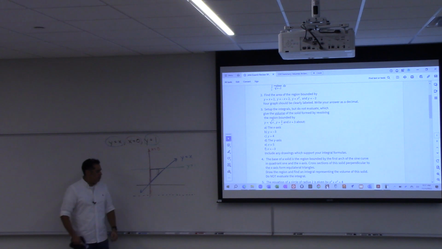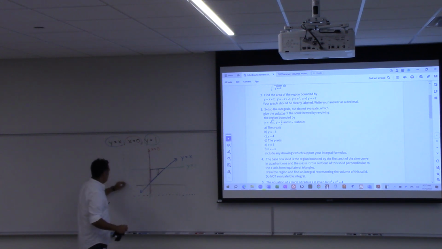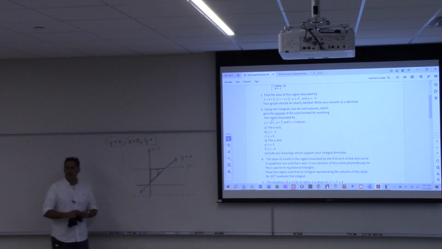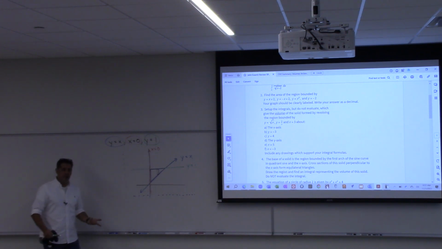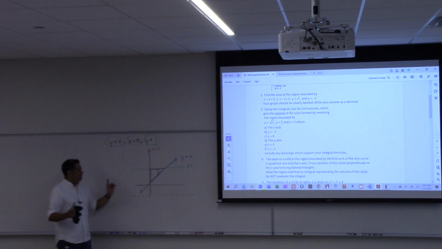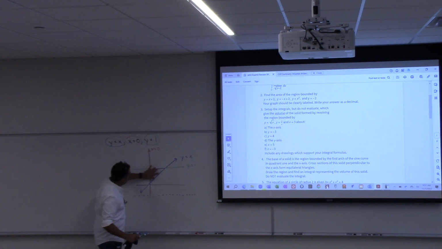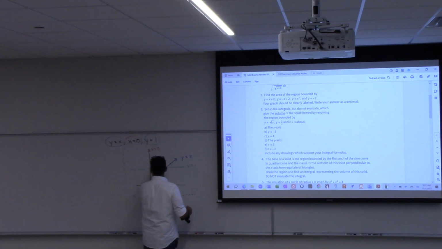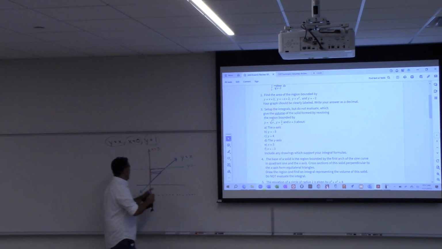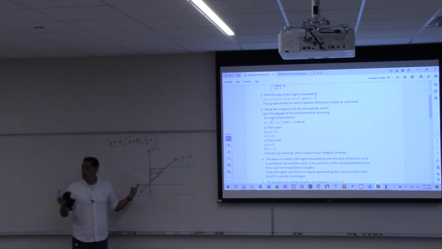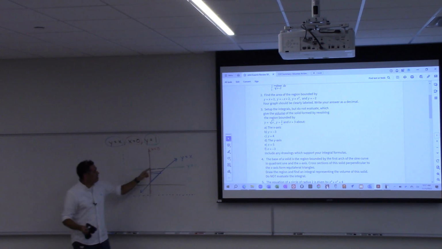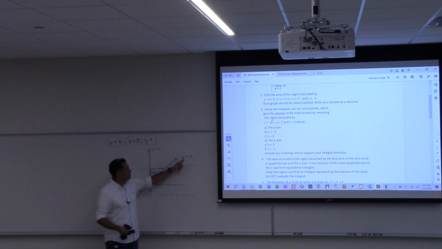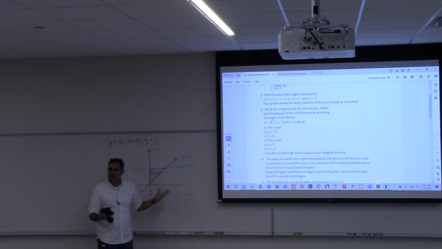Yes? Now, what if I ask you to wrap it around a line that's vertical? Use shells, right? Yes? But could you have done it this way? Could you have turned your rectangle over like this and wrapped it this way and used washers? Yes, but then you would have to solve this for x, right? There would have to be functions of x instead. That's okay.